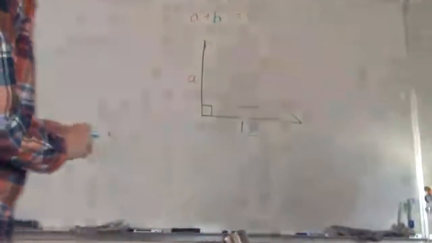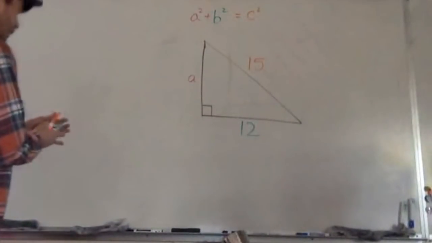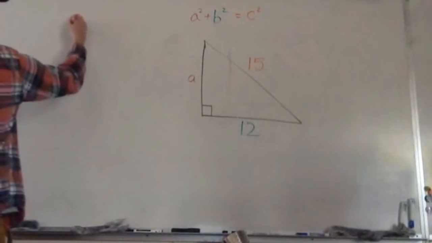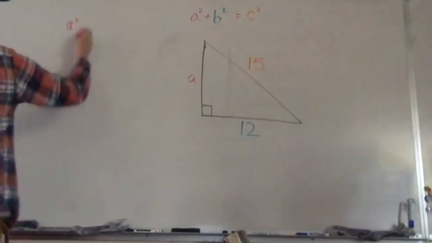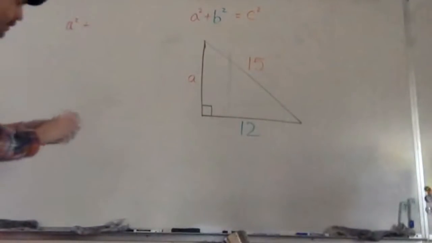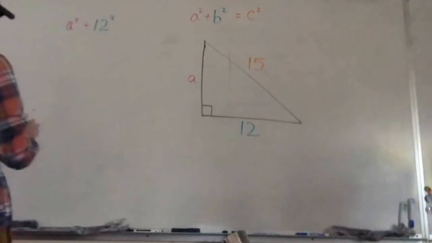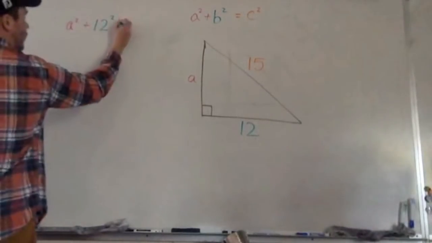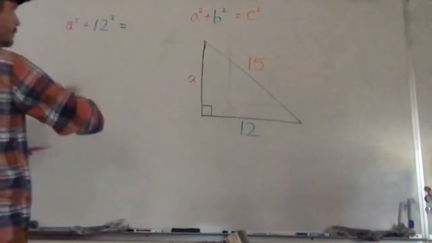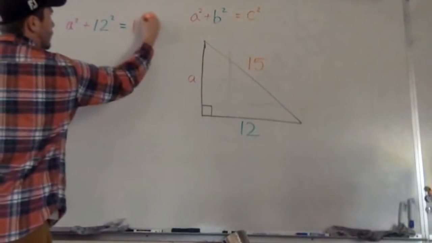We don't know A yet, so I'm still going to have A squared. I'm going to add that to B squared, which is 12 squared, and that's going to equal 15 squared.